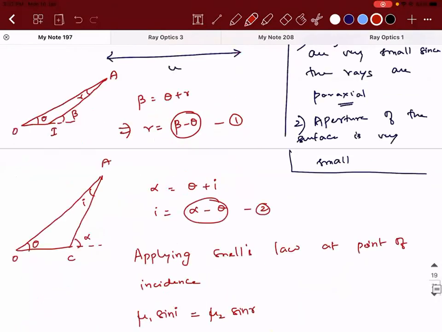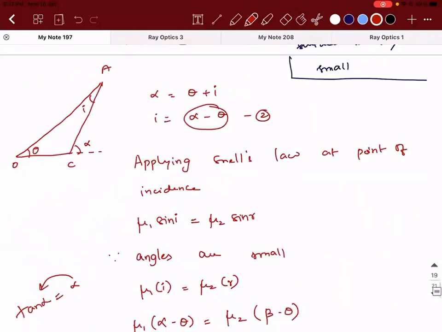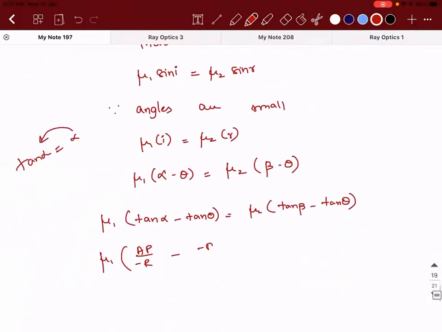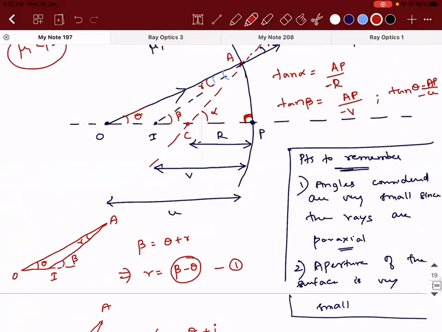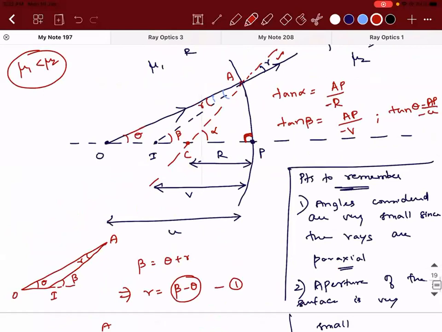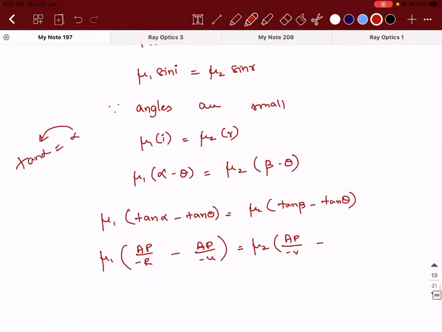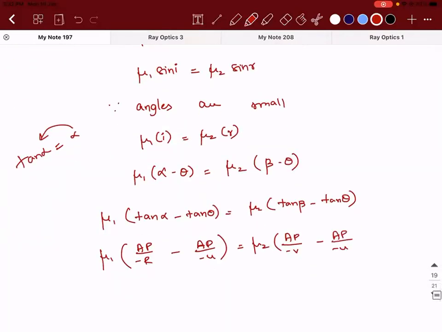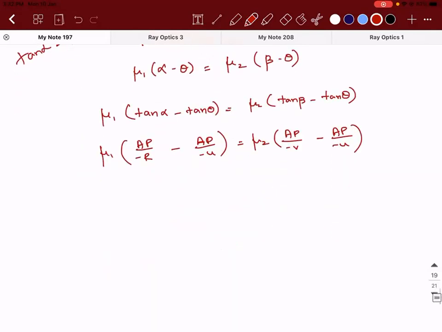minus tan theta is how much? AP by minus U is equal to mu2 into tan beta, which is how much? AP by minus V minus, what is the value of tan theta? AP by minus U. I think there is a mistake in the diagram. Let me check it.